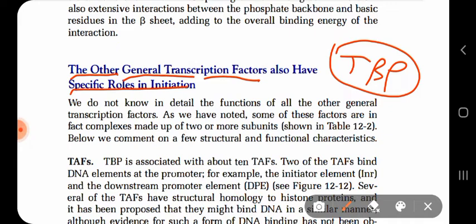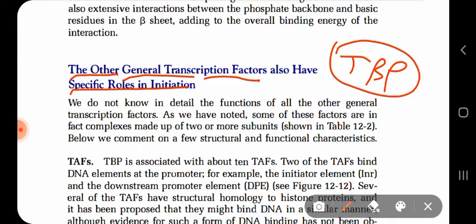So the TATA box binding protein, with the help of its beta sheet, interacts with the minor groove, and then after inserting into the minor groove, it widens that minor groove almost linear, which allows the DNA to be bent at an angle of 80 degrees and allows the other transcription factors to come and interact at that site.